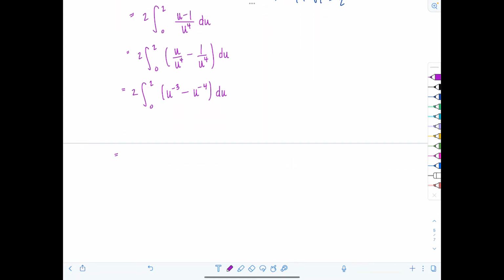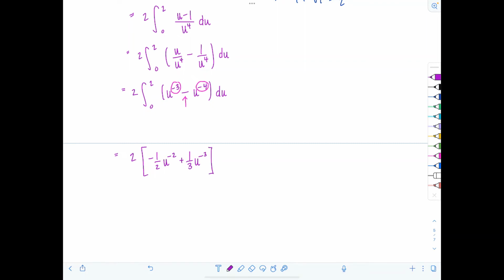Adding 1 to negative 3 makes it negative 2. So if I divide by that, that's the same as multiplying by negative 1/2. Adding 1 to negative 4 makes it negative 3. I'm going to divide by negative 3. That's going to switch that to a positive 1/3 u to the negative 3rd.